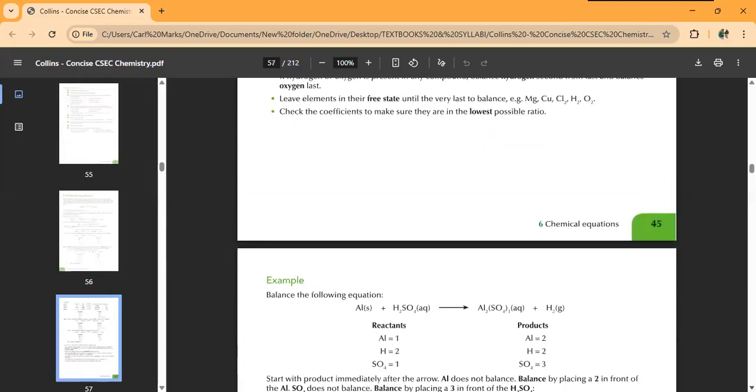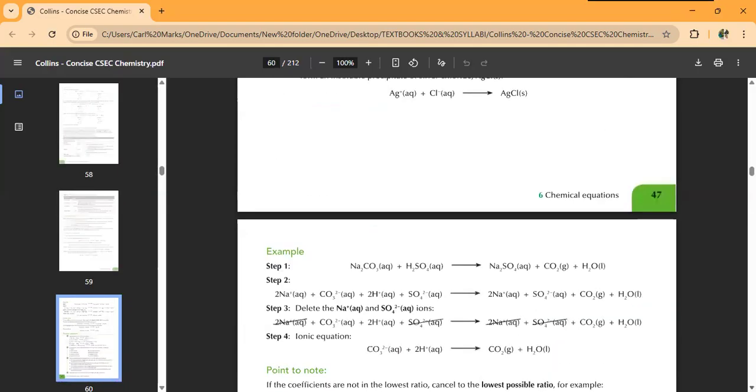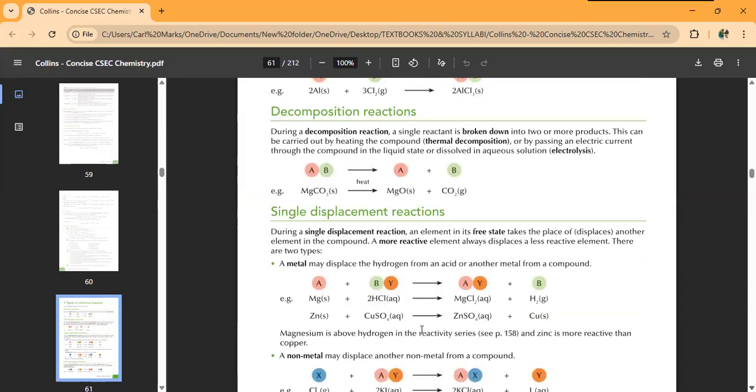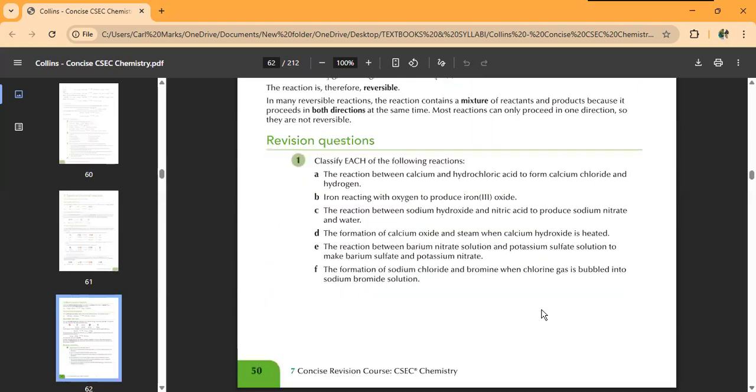Now in that reaction, we have a metal displacing the hydrogen from an acid. Can you write a chemical equation for this reaction between calcium and hydrochloric acid to form calcium chloride and hydrogen, Elisa?